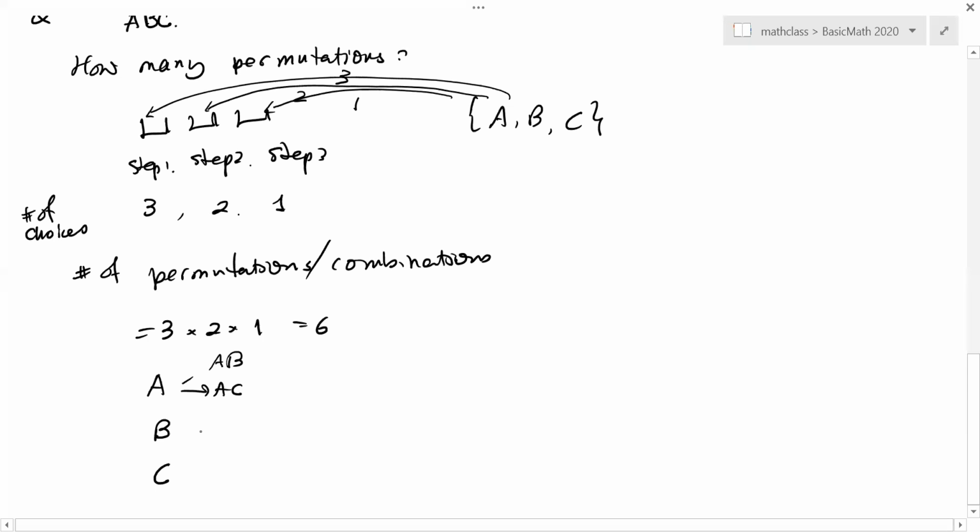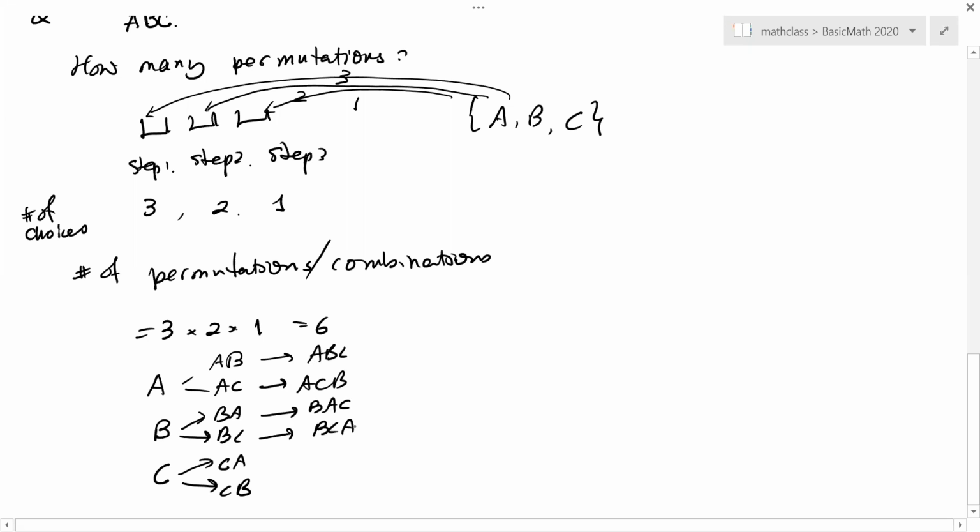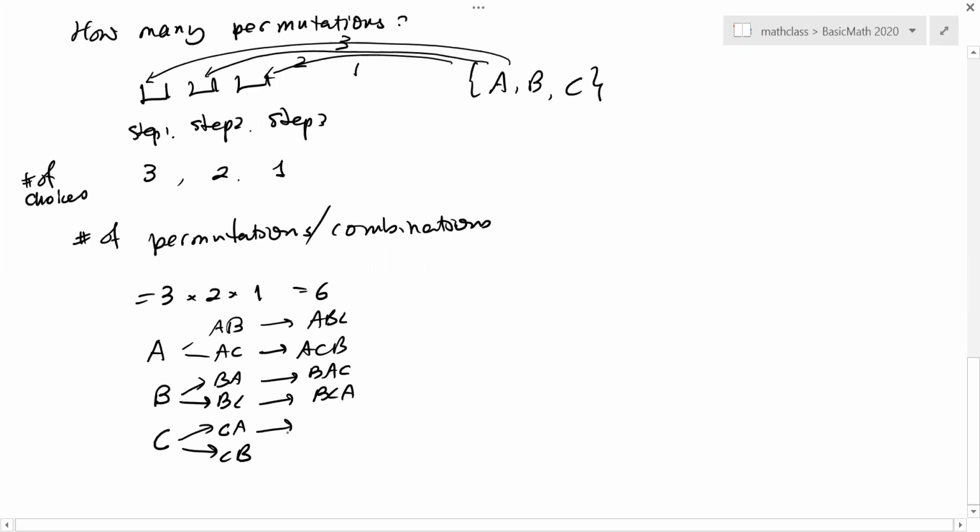The third step has no choice: A, B, C; A, C, B; B, A, C; B, C, A; C, A, B; C, B, A. So that's why you get 6 combinations of the 3 letters.